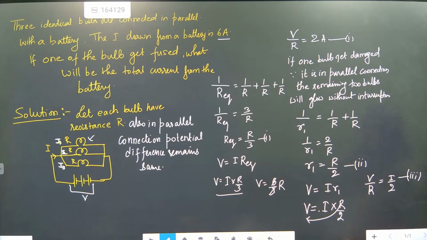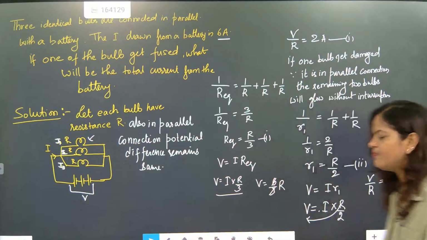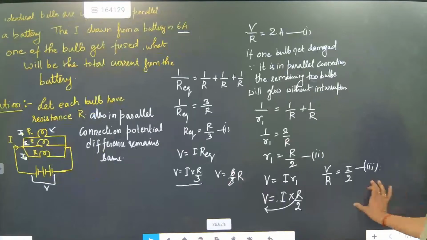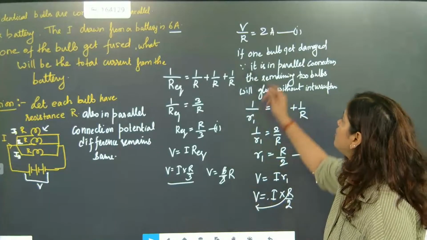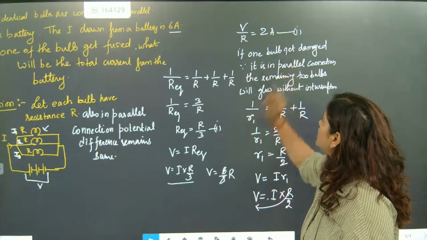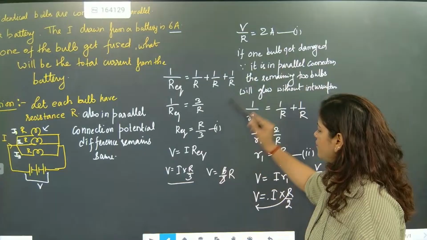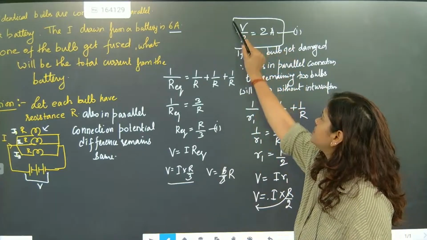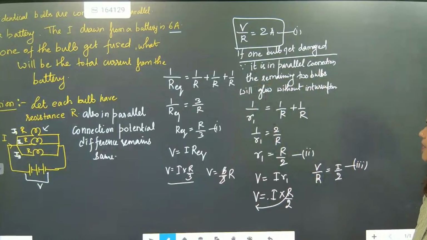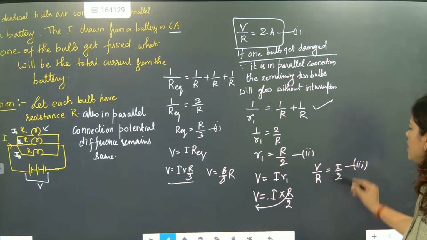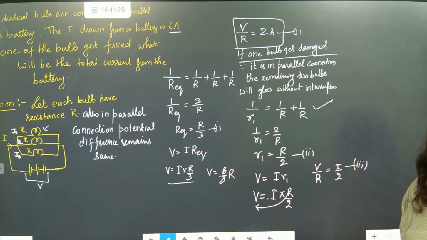Understood? So from 1 and 3, what can we write? Patiently solve this part. See, from the first equation, when all three bulbs were glowing, we got V by R equal to 2. When two bulbs were glowing, if one bulb got damaged, we got V by R equal to I by 2.